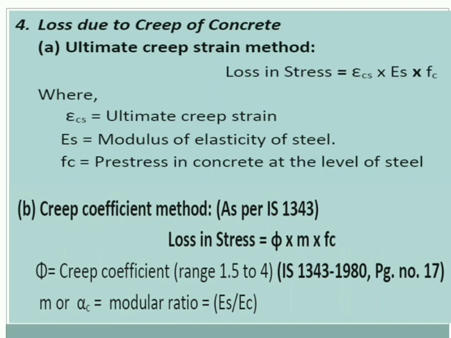Be careful when you are answering the paper. See what the given data is. From that given data, you will be able to analyze whether you have to use the ultimate creep strain method or the coefficient method. If the creep coefficient is given directly, or the range is mentioned, you use the IS code method; otherwise you can use the ultimate creep strain method.